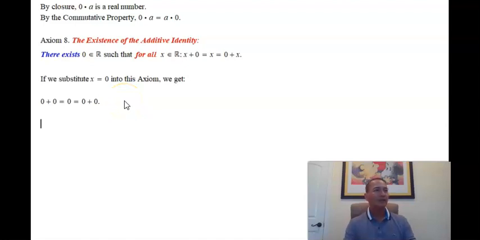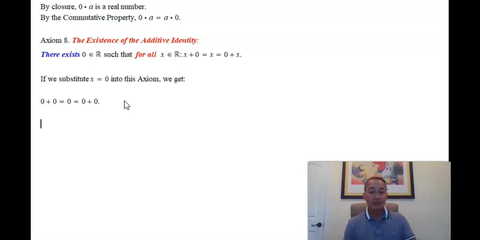Okay, so now we have something to work with. We want to show that 0 times a is 0. This equation tells us that 0 plus 0 equals 0. What we're going to do next is called the substitution principle. If two quantities are exactly the same and you perform the same operation to both sides of the equation, then the new equation that you get should still be valid.